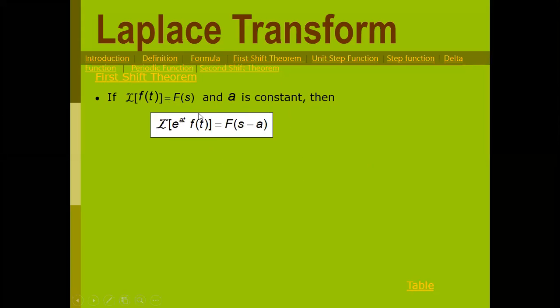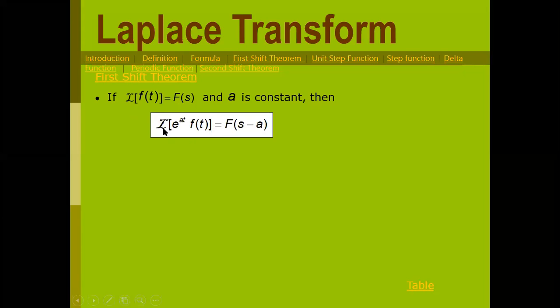Laplace ft, di mana ft may be a constant ataupun a polynomial t ataupun a trigo of t, that means a sine or the cos or any exponent or any sin hyperbolic or cos hyperbolic. Kan? Itu saja. Tapi ft ni bila dia combine dengan exponent di depan ataupun exponent di belakang, we call that first shift theorem.